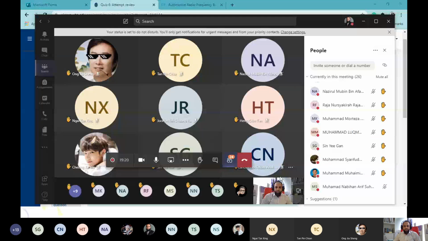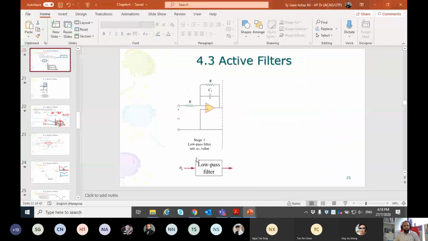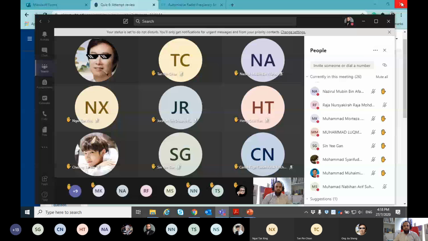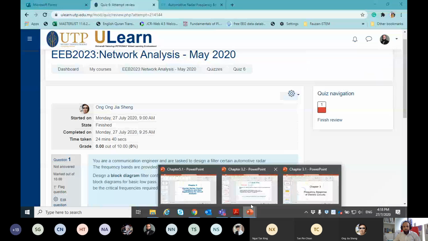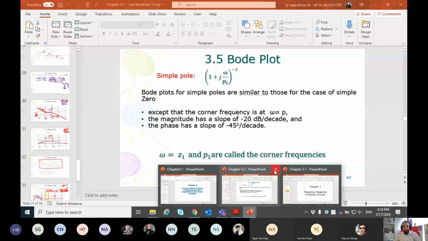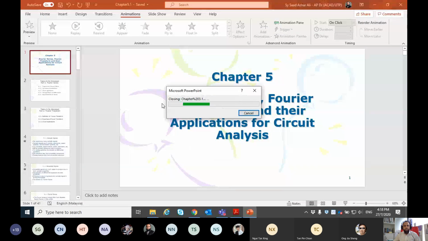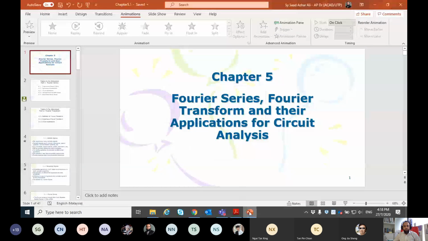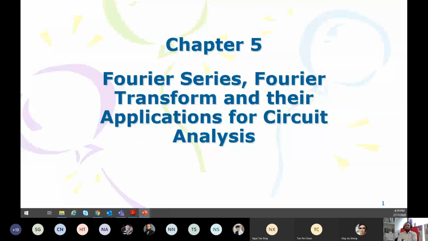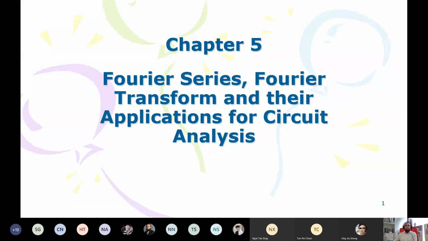All right. So let's move to the topic for today. Let me just turn this off. We don't need this, and we don't need this. We just go for chapter 5. All right, so let's move to chapter 5. So far, what we have seen in network analysis is we started off using phasors, which was kind of a preview of circuit theory.